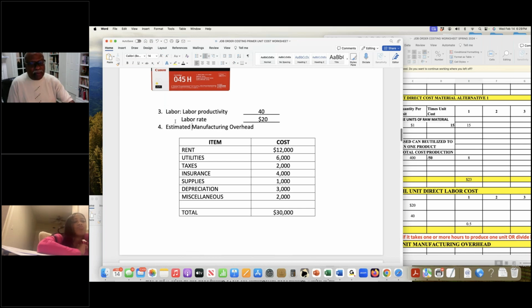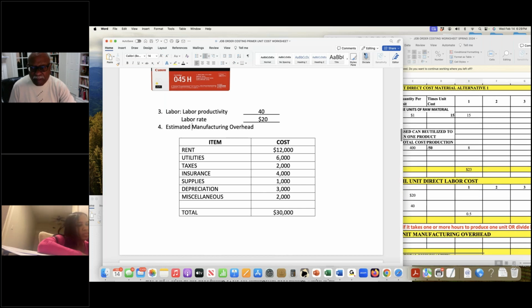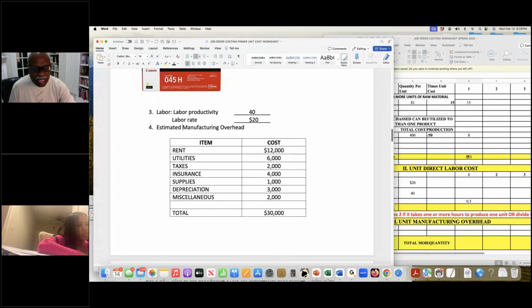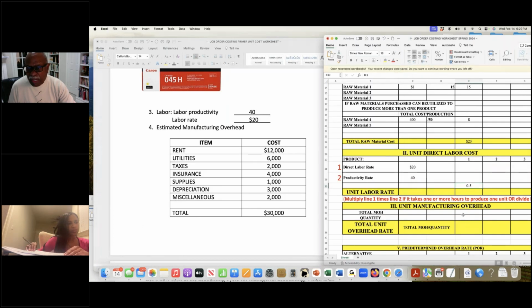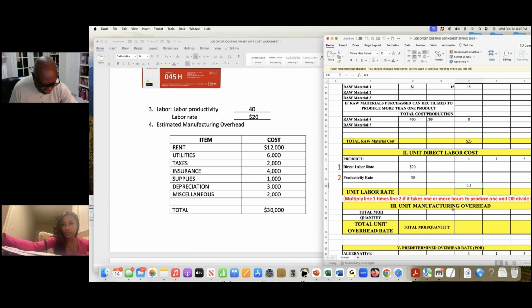This is the estimated manufacturing overhead, and it's 30,000. To come up with the estimated manufacturing overhead per book, I'm going to look at my total manufacturing overhead, which I estimate to be $30,000, and I need to know how many I'm making.